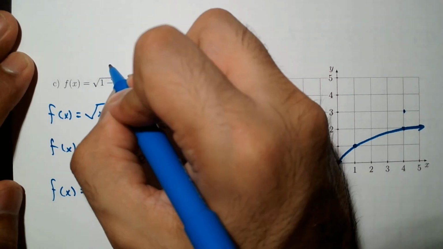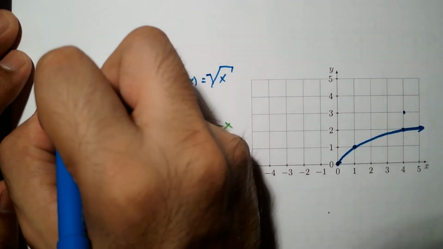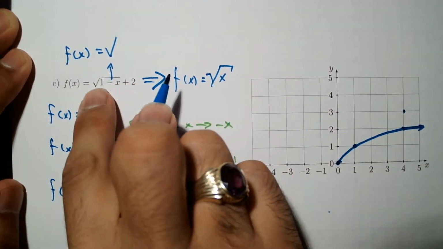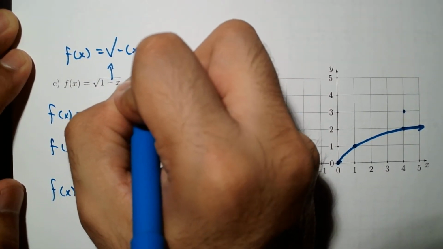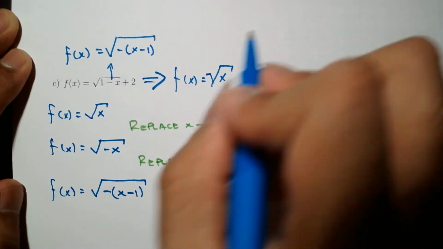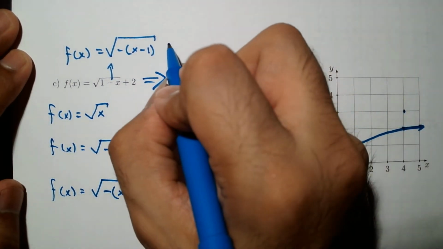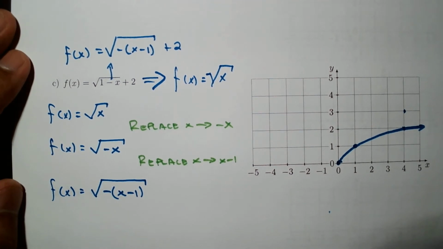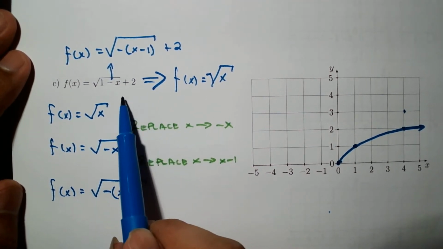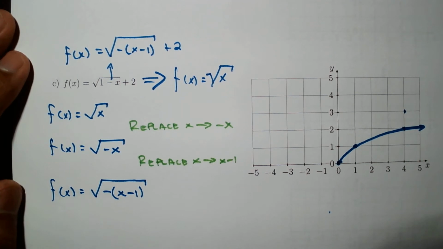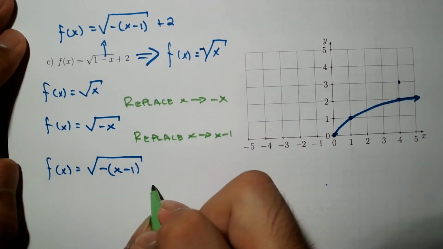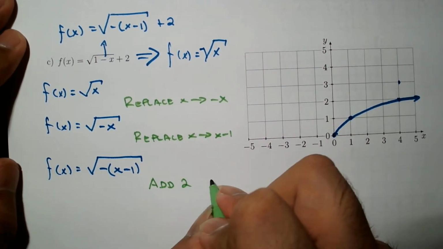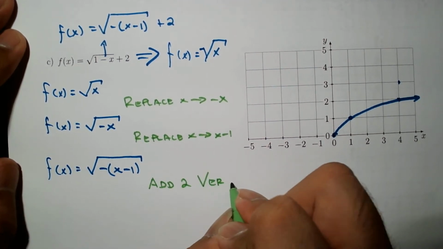So if you want to rewrite this function from the very beginning, f of x equals the square root, I'm going to factor out the negative, that's going to be x minus 1. And this way is way easier to see the transformations that we do inside of the radical. And finally, we need the final touch, which is plus 2 for the vertical shift.